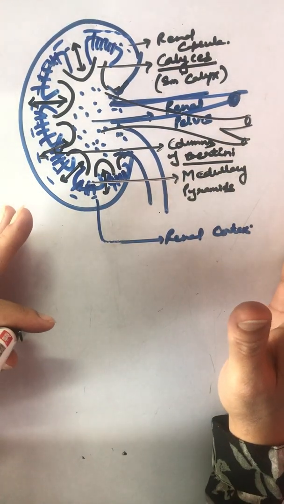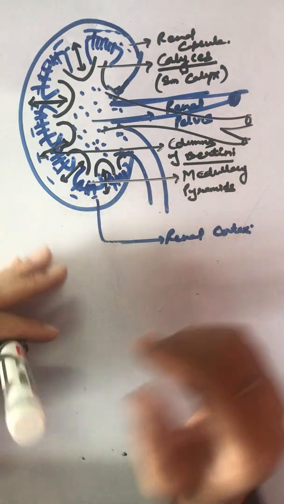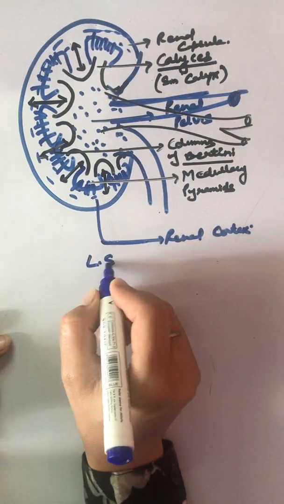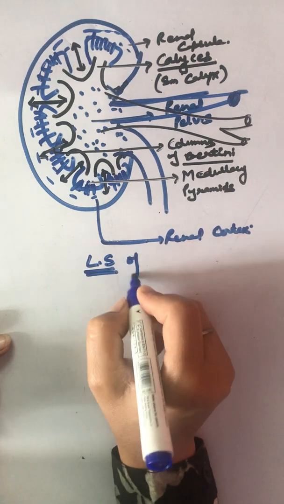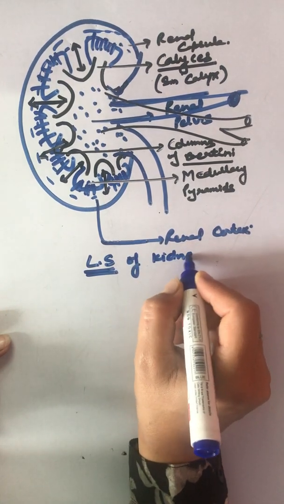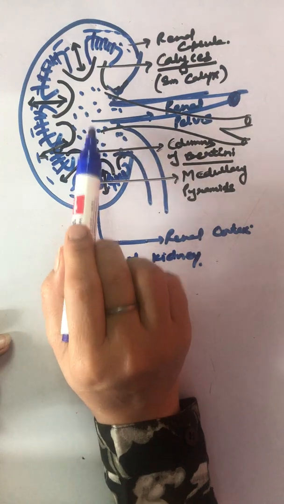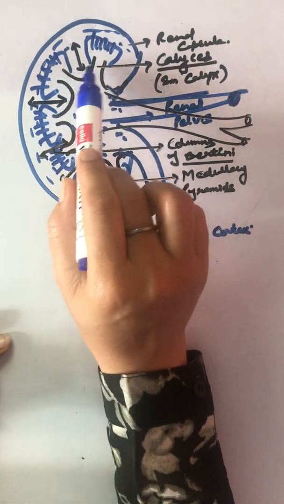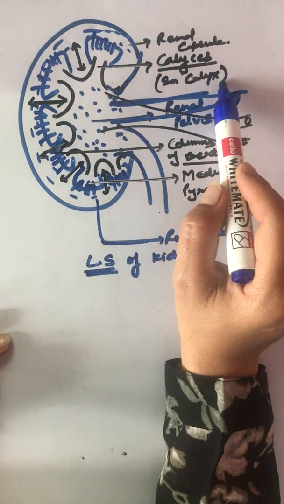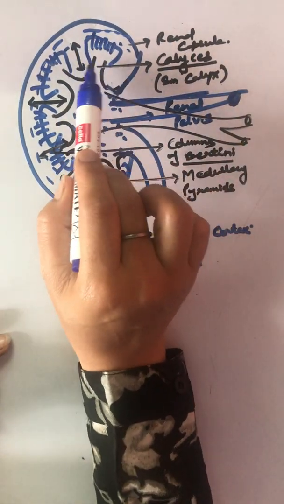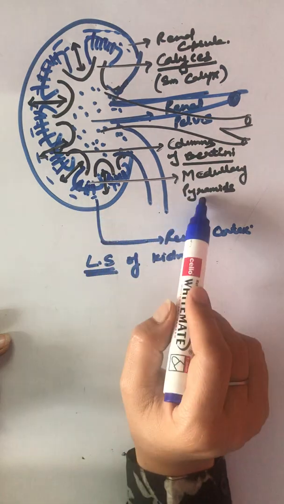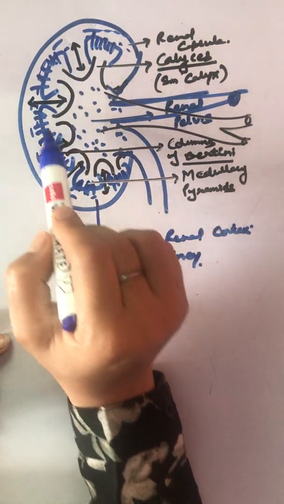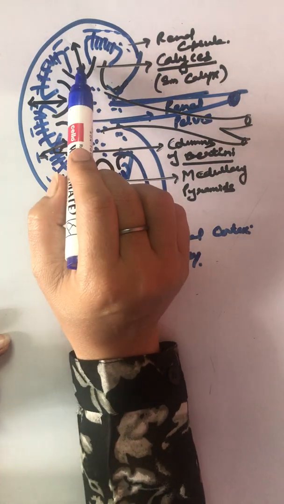This is the structure of a kidney when we are observing it in a longitudinal manner. So, LS of kidney, which shows the pelvis region and the cortical region. The pelvis gives rise to these extensions known as calyces, singular calyx, which has medullary pyramids on it. These medullary pyramids have certain columns in between, known as columns of Bertini.